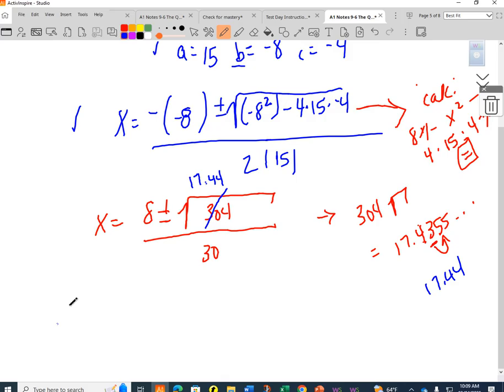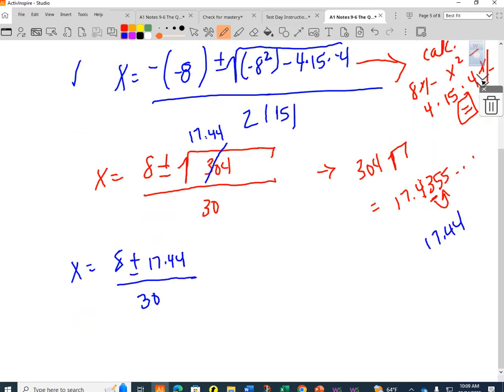Now we're going to get ourselves organized. It's 8 plus and minus 17.44. We've already taken the square root, right? Divided by 30. So now we get to write two equations using one plus and one minus.